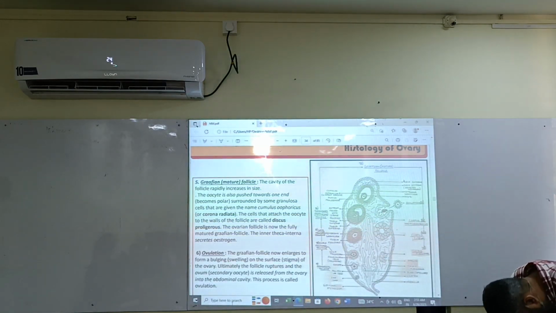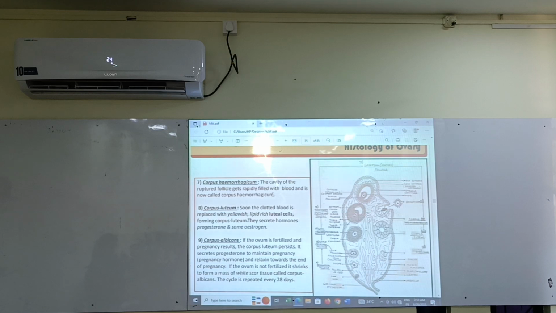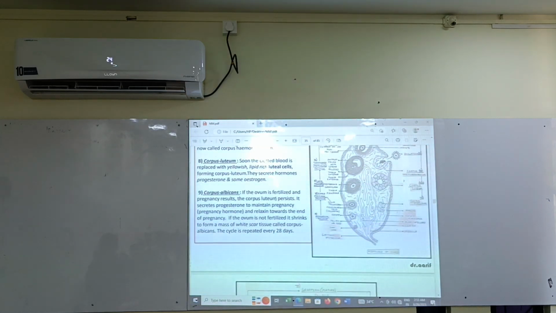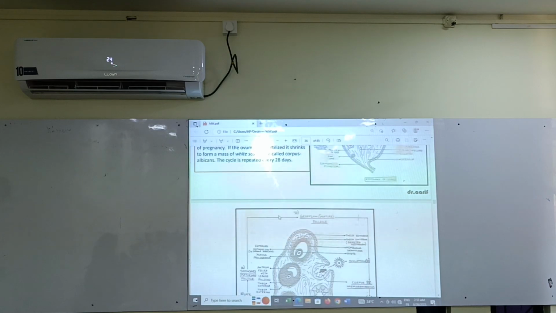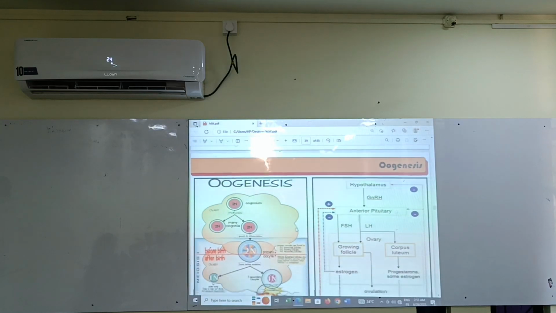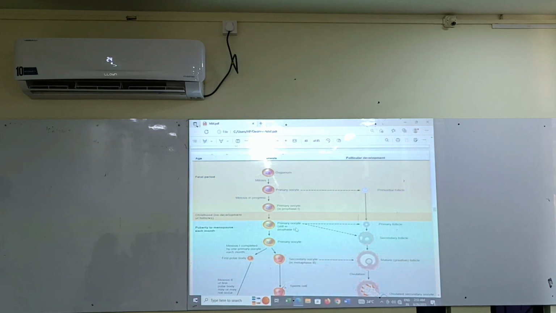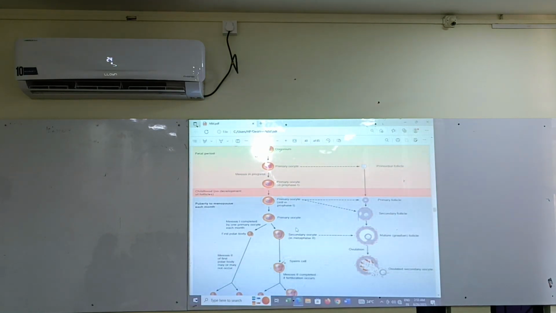When the antrum enlarges, or when you get the formation of an antrum, correct? Now, what is the antrum filled with? Liquor folliculi. Between the Graafian follicle and the corpus luteum, there is a stage for a small period of time. What is that called? Where it is filled with blood clot? Corpus hemorrhagicum. है ना? क्लियर है दिमाग में सबको?